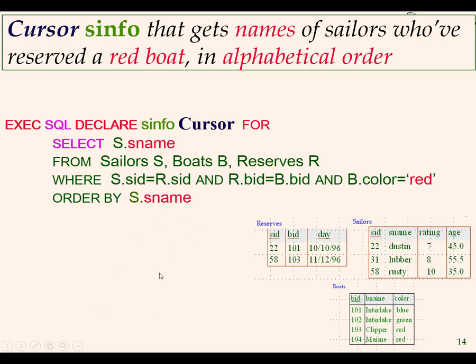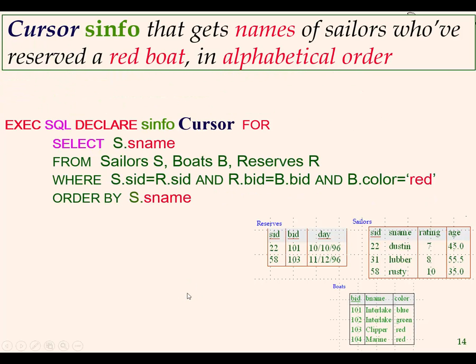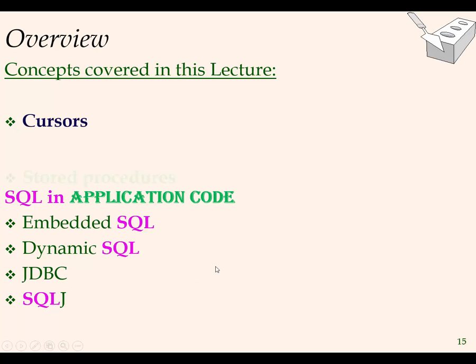So this is going to return a relation with just one attribute, and the tuples will be ordered. Now you have access to that information through this cursor that you just declared right here. Okay, so this is declaring the cursor.